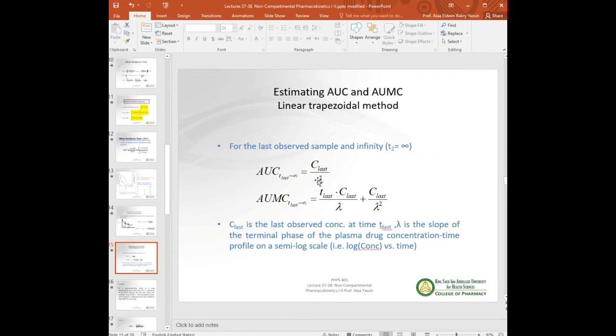So in the case of AUMC, you take the last sampling time multiplied by the last plasma concentration divided by K, and you add to it the last concentration divided by K square or pi square.